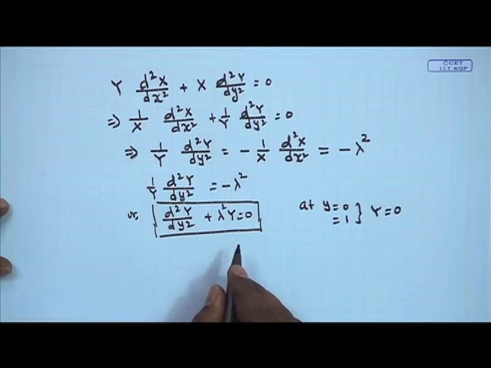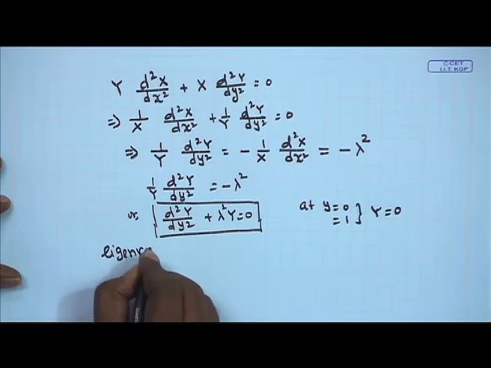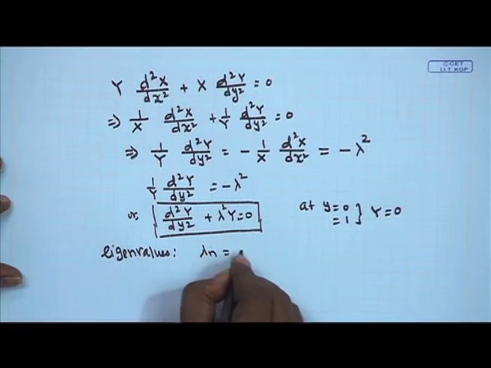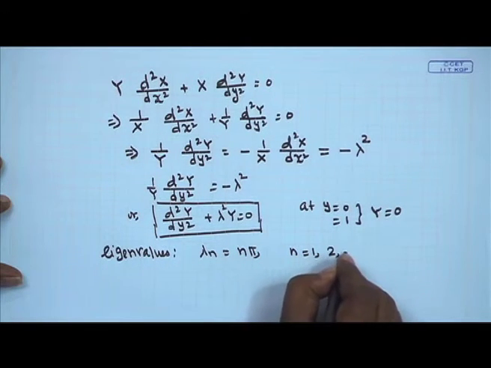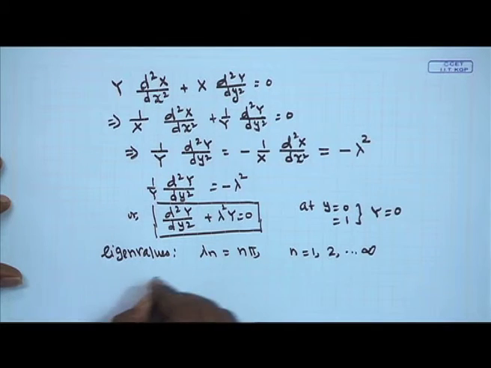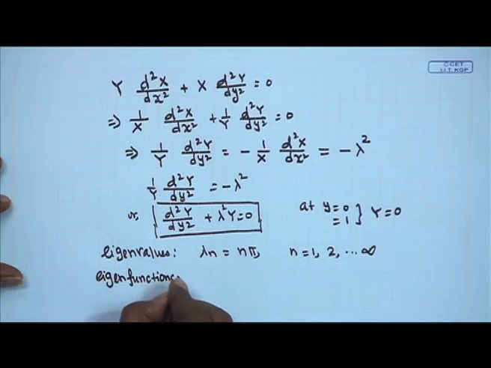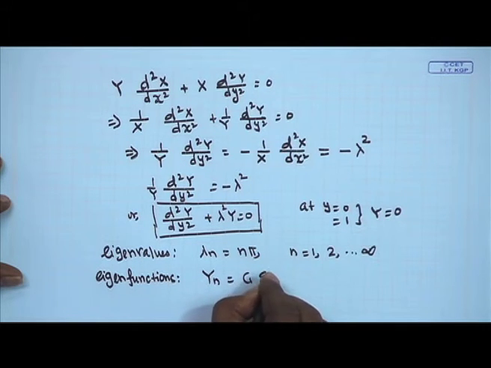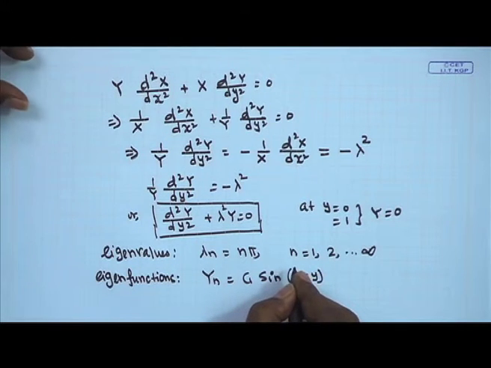We have already seen the solution of this. The eigenvalues are n pi, where the index n runs from 1 to infinity, and the eigenfunctions are the sine functions, Y n equal to C1 sin n pi y.